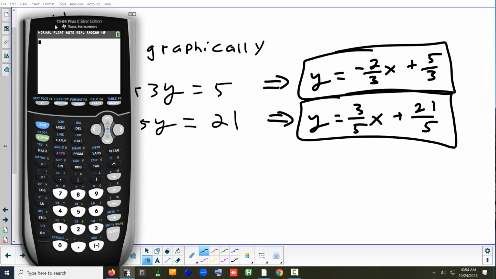So there's a couple different ways you can type them in because they are fractions for the slope. I'll do each one different. So the first one, I'll do it like this: negative 2/3 x plus 5/3. You can do it that way. Or if you just want to multiply the slope and the x together, you could write it as 3x over 5 plus 21/5.